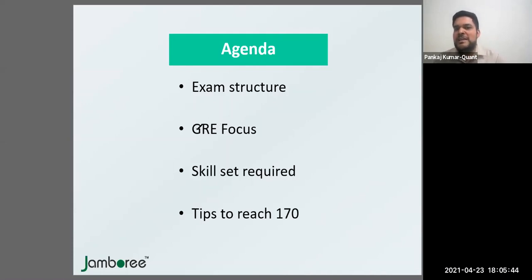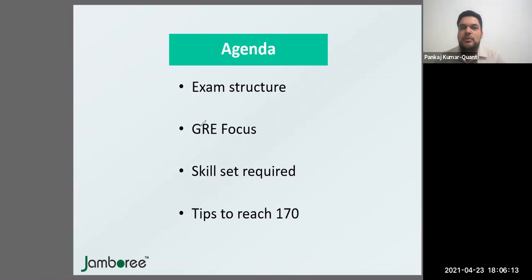So we're going to talk about exam structure first, then what exactly GRE is focusing on, the focus area, then which kind of skill set is required. Because this is a quant session, we're going to understand what skill set is required for the quant problems they'll be asking you. Post that, we'll be dealing with some tips to reach 170, because again, each and everything matters.